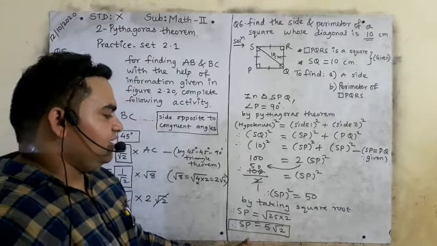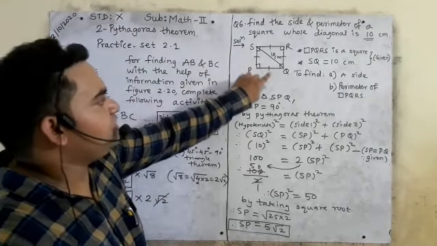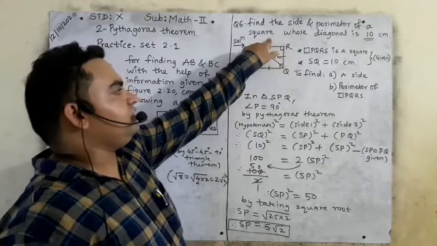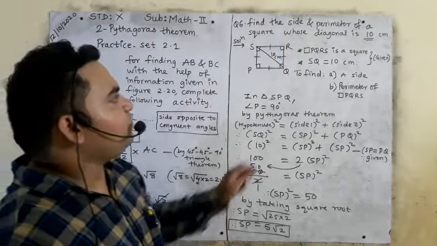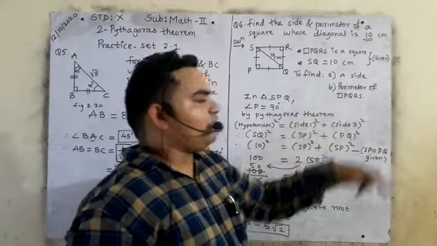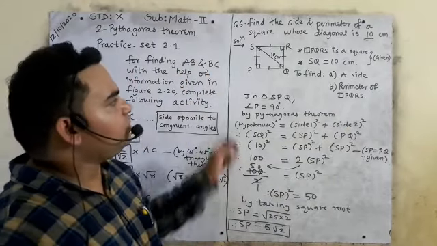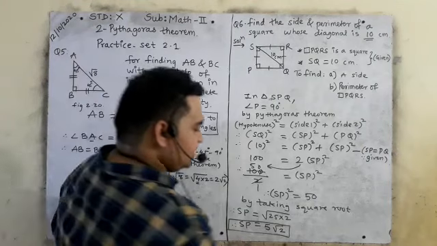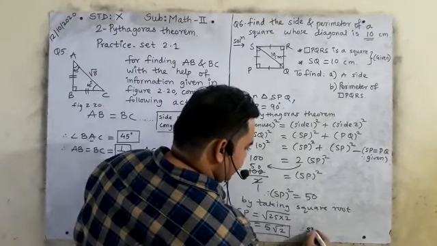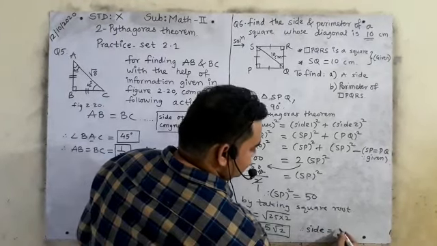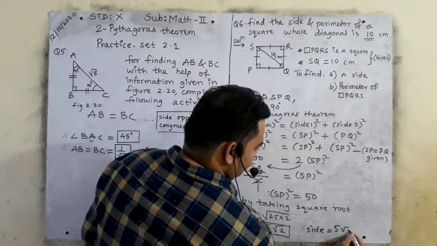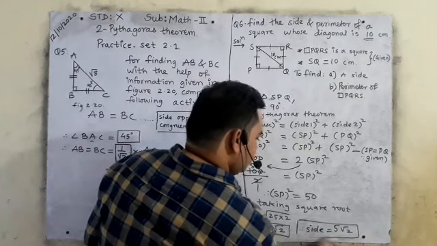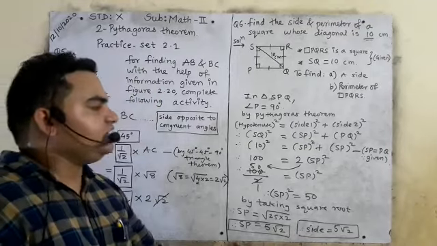So this is 5 root 2, this is 5 root 2, this is 5 root 2, this is 5 root 2. This is the side, your first answer. Therefore side is equal to 5 root 2.